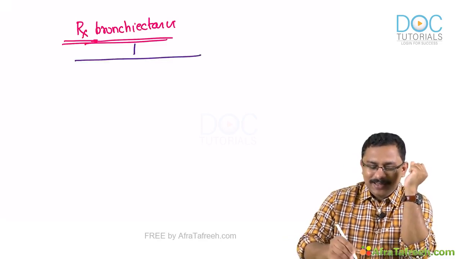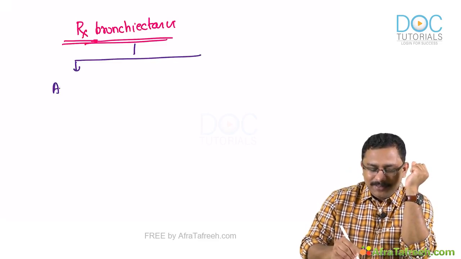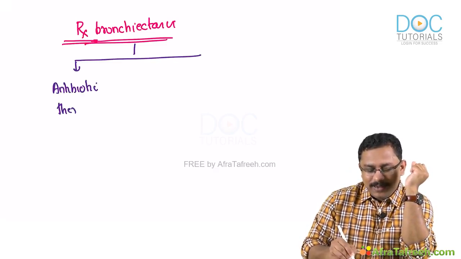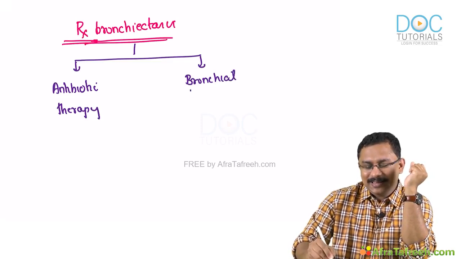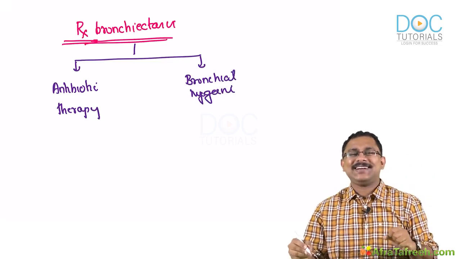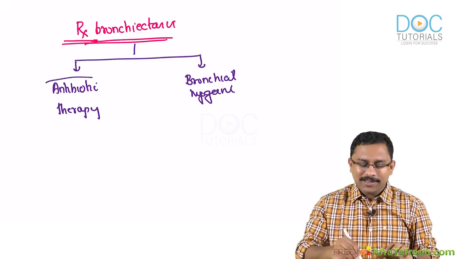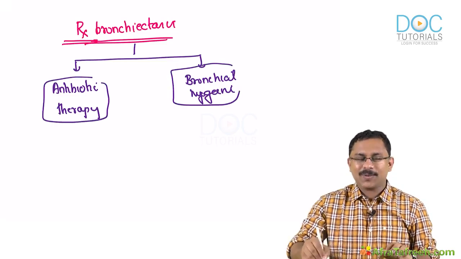One is regarding antibiotic therapy, and second is regarding bronchial hygiene. Because the problem is in your bronchi, there are lots of secretions, correct? So these two are the important points.